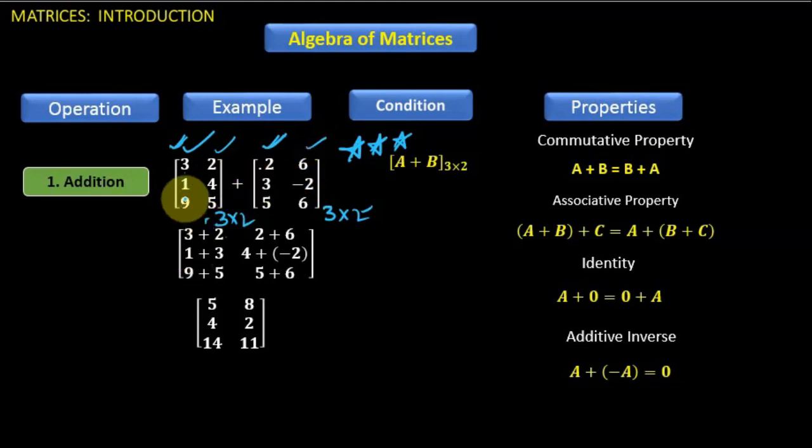Similarly 1 plus 3, 4 minus 2, 9 plus 5, 5 plus 6. The resultant matrix order, if you observe here, is also 3 cross 2 only. So the main point is you should remember that the order should be equal to add any matrices.